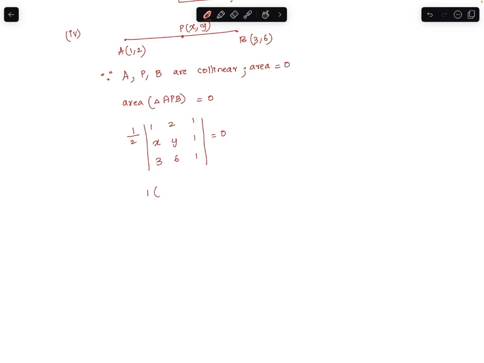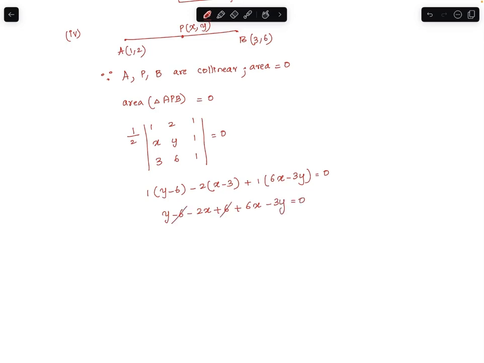The determinant value is 1 times (y minus 6), minus 2 times (x minus 3), plus 1 times (6x minus 3y) is equal to 0. y minus 6 minus 2x plus 6 plus 6x minus 3y is equal to 0.